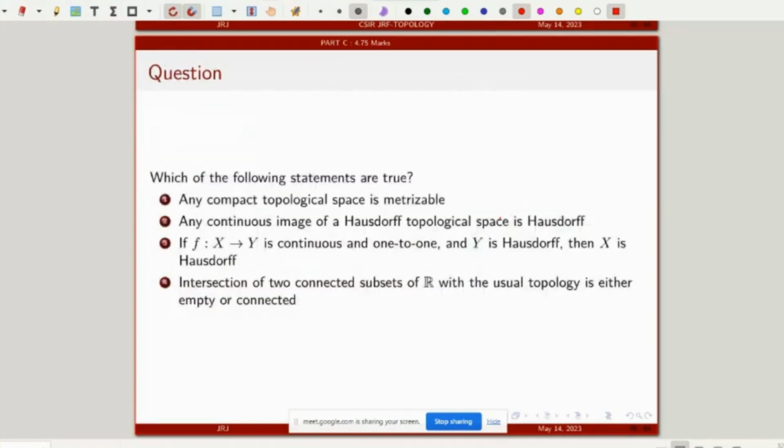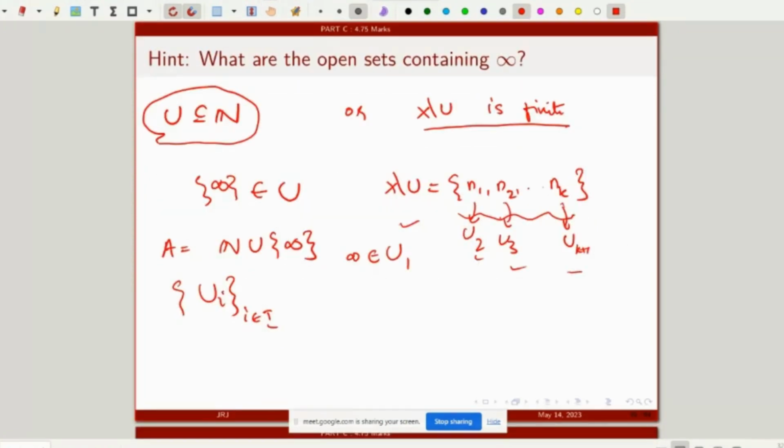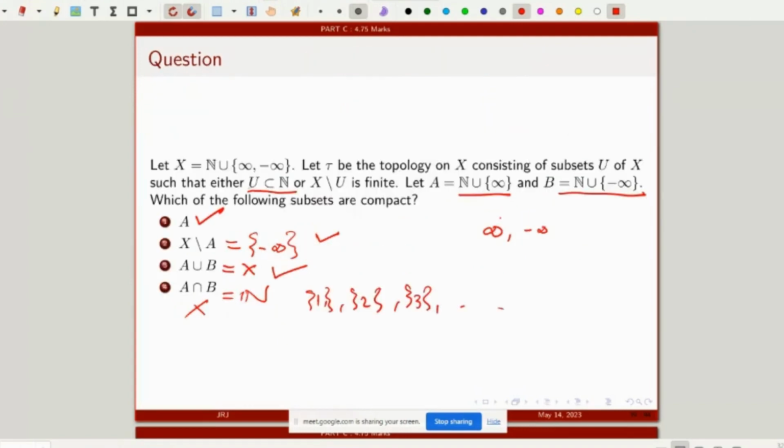Ma'am, if we choose singletons or finite cover, singletons are open sets. Then what about option 3? If singletons are open, you can take singletons. Then A union B is equal to N union the set infinity and minus infinity. So there should be an open set containing infinity and there should be an open set containing minus infinity. So that open set, we can eliminate many of these.